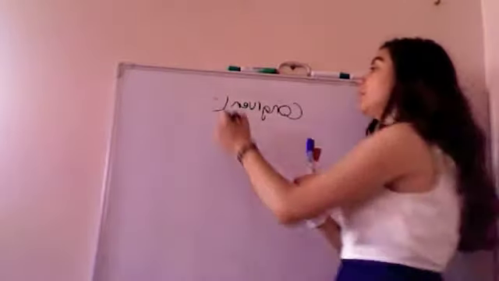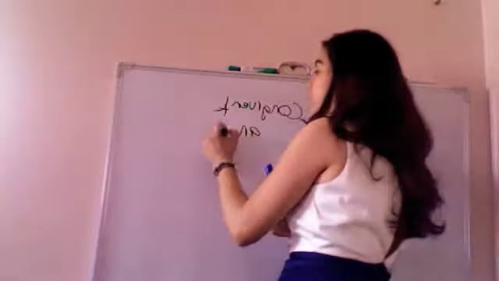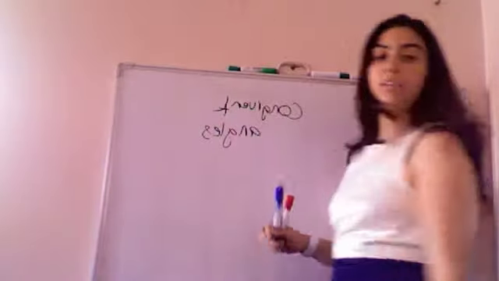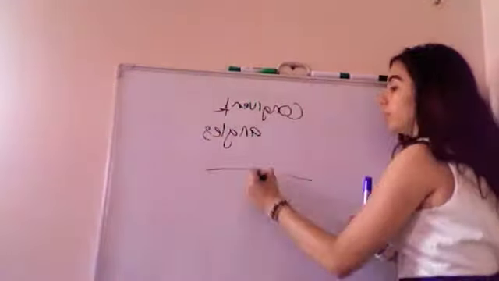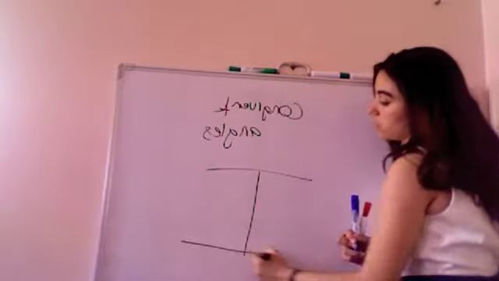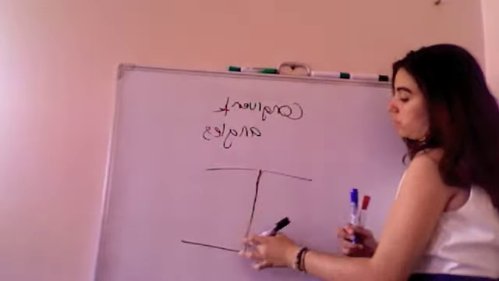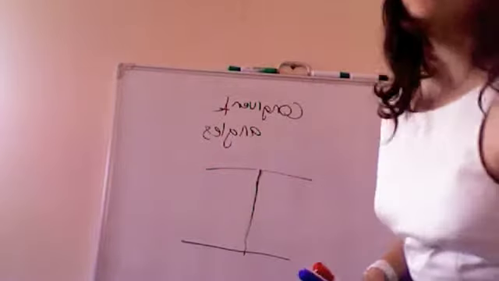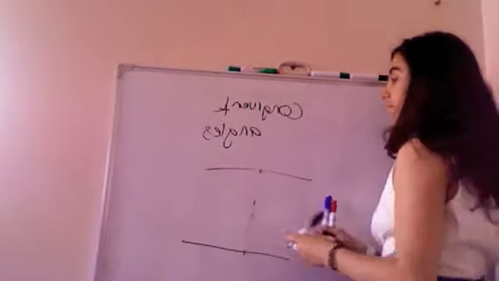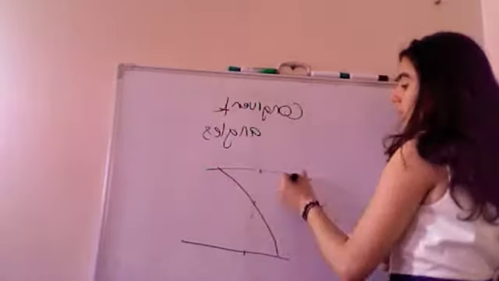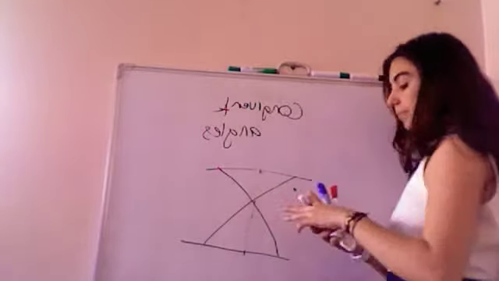So how do we identify congruent angles? Let's take this angle, for example. It's going to go like this and like this.